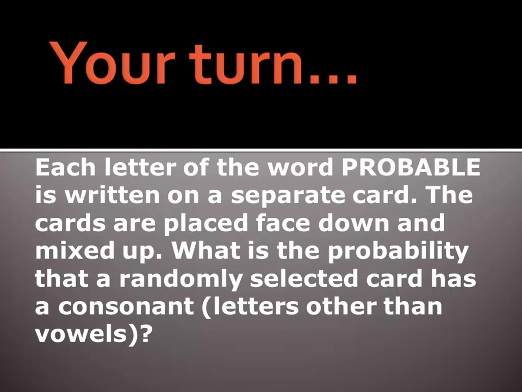If each letter of the word probable is written on a separate card, the cards are placed face down and mixed up, what is the probability that a randomly selected card has a consonant? Okay, a consonant is a letter other than a vowel. So look in this word, figure out how many consonants we have, not out loud, but on your paper. Write down what you think the answer would be.